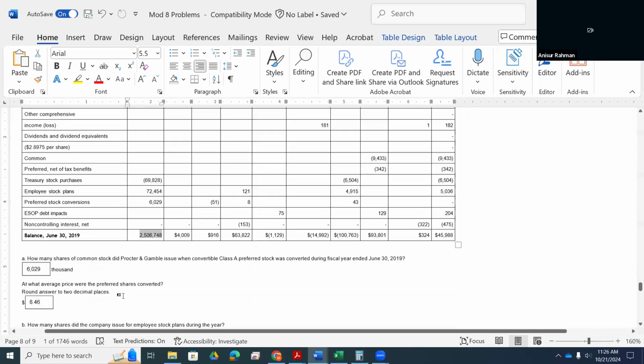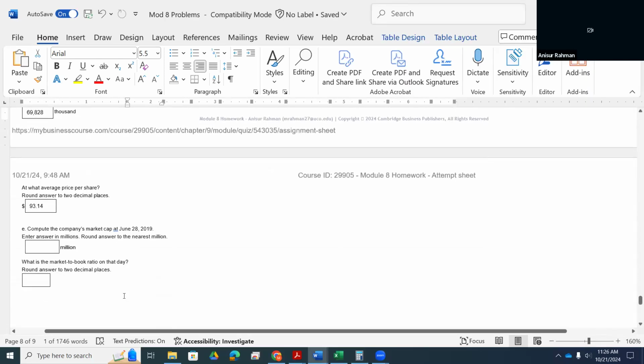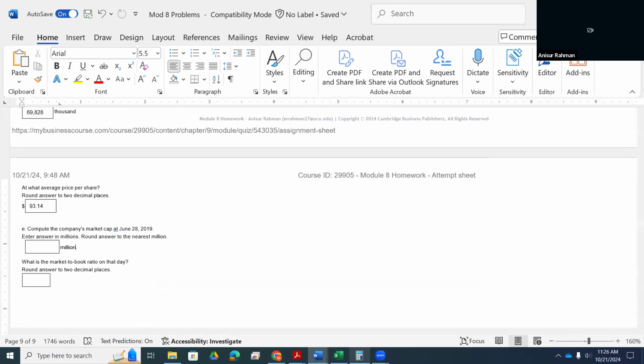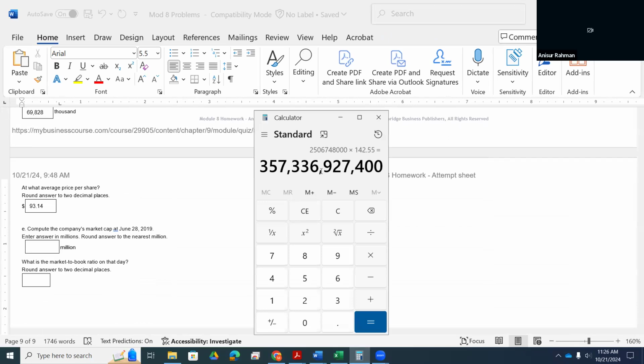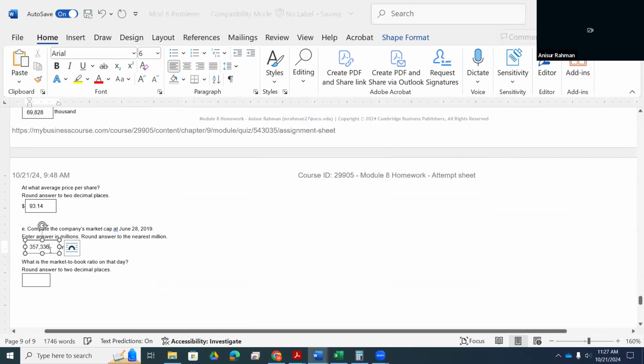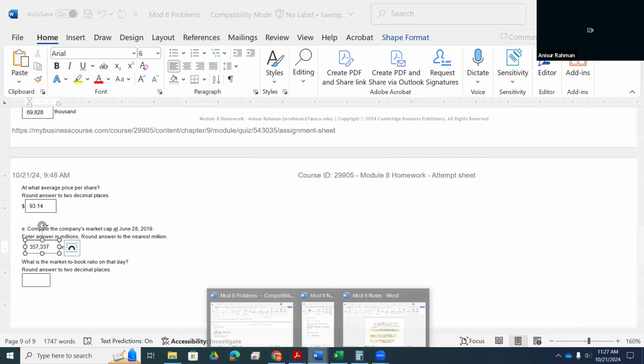It is asking in terms of million, so it will be 337, to the nearest million.